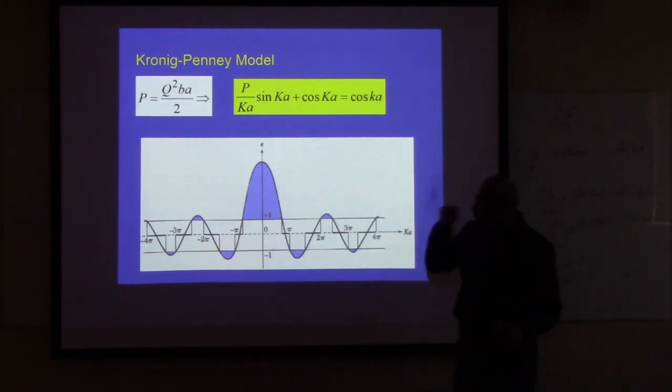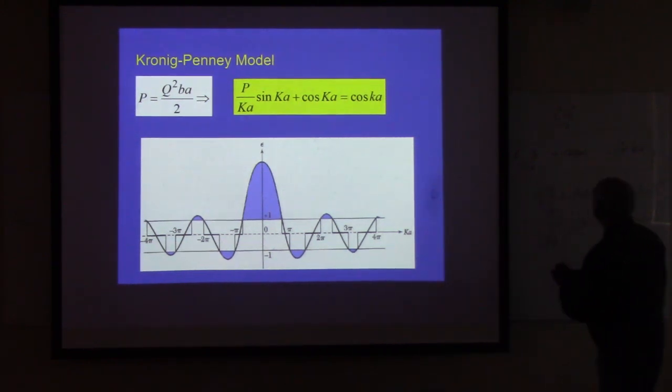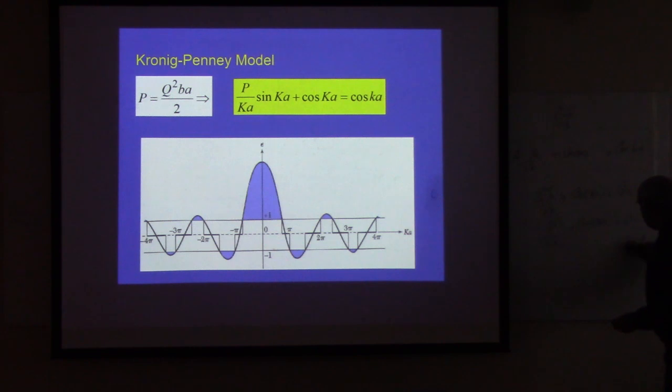If you draw your energy, because energy we know is given by either h bar squared kappa squared over 2m, or h bar squared (U0 minus E) over 2m, right? So U0 minus E equals h bar squared q squared over 2m. From here you can calculate your E.